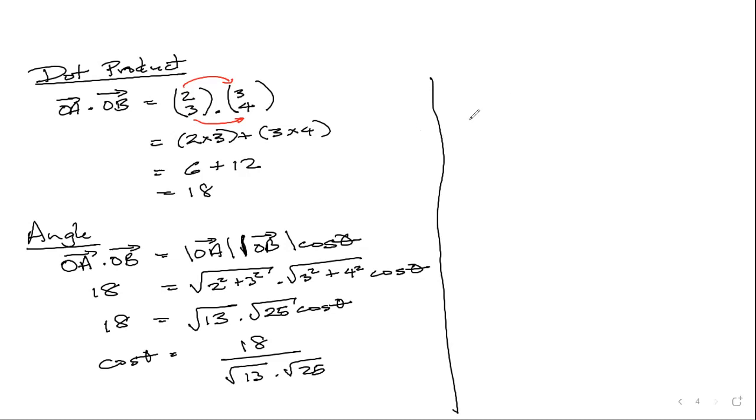So let's just work out that. That's 18 divided by root 13 times approximately 1.091, which is equal to 0.9988.